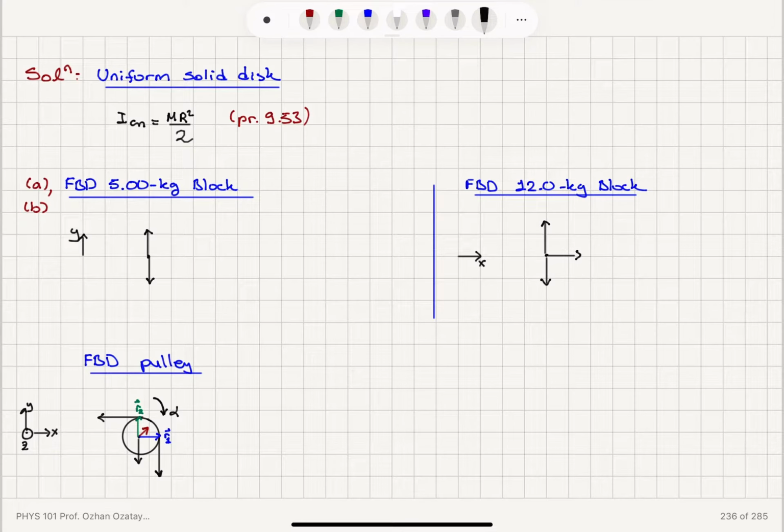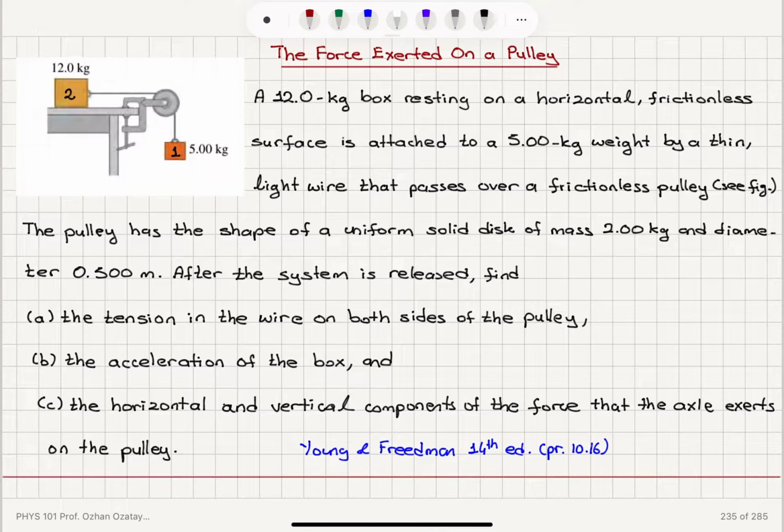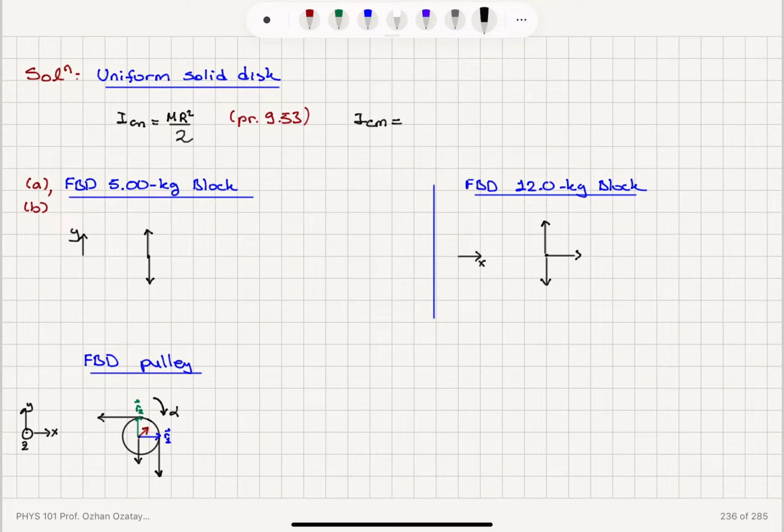So if we apply this here, in this case for the pulley, I center of mass will be equal to the mass of the pulley, 2 kilograms, times the radius squared, 0.5 divided by 2 squared, divided by 2, MR squared over 2.